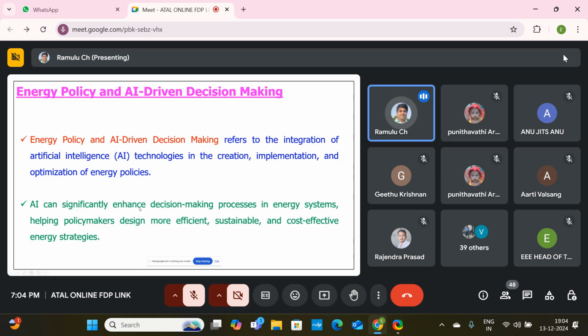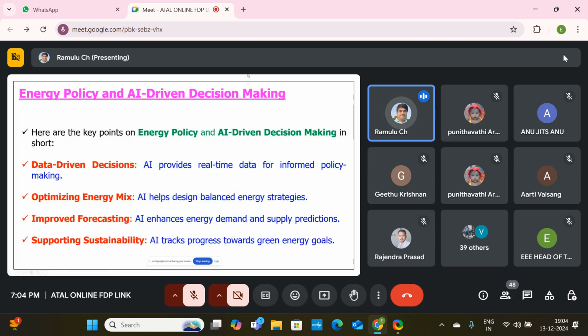AI can significantly increase productivity and enhance decision making processes in energy systems, helping policymakers design more efficient, sustainable and cost effective energy strategies. All these advantages are possible with the help of AI. Then, coming to energy policy and AI driven decision making, continuing on that.